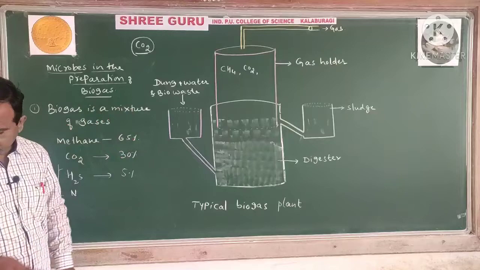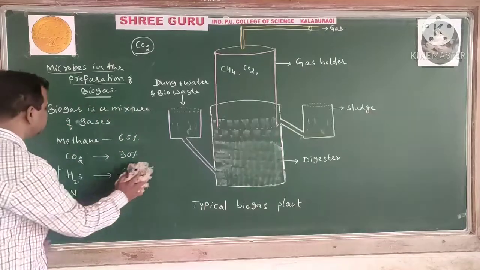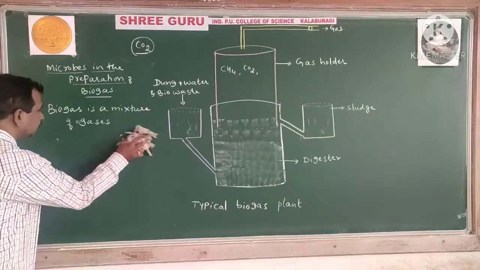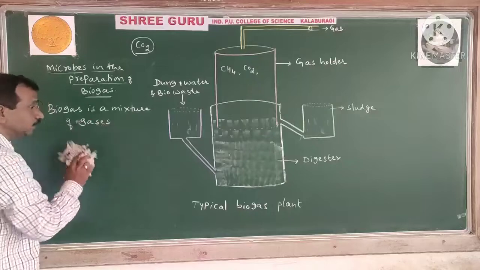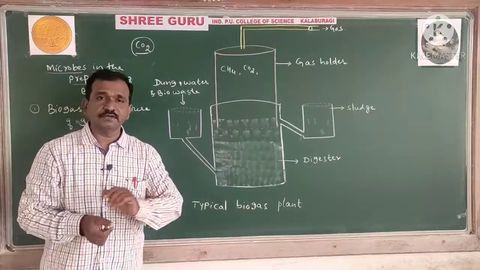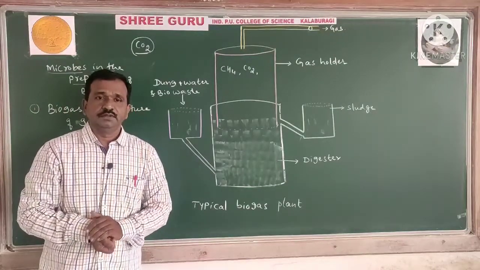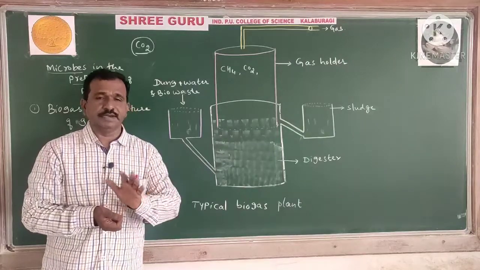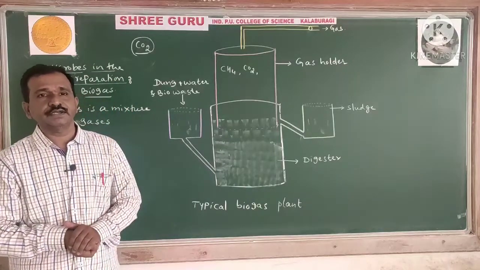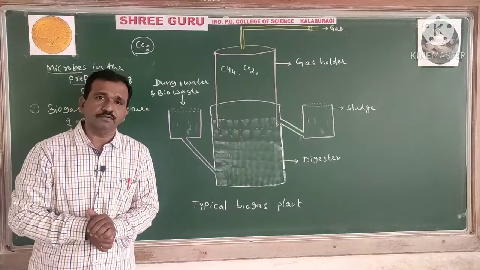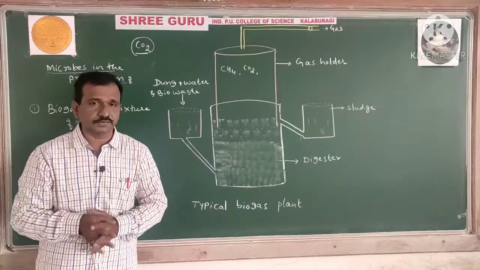This point is over. Next, we have to observe that in the earlier class, last year, we studied archaebacteria. Archaebacteria are those which are normally found in harsh climatic conditions.